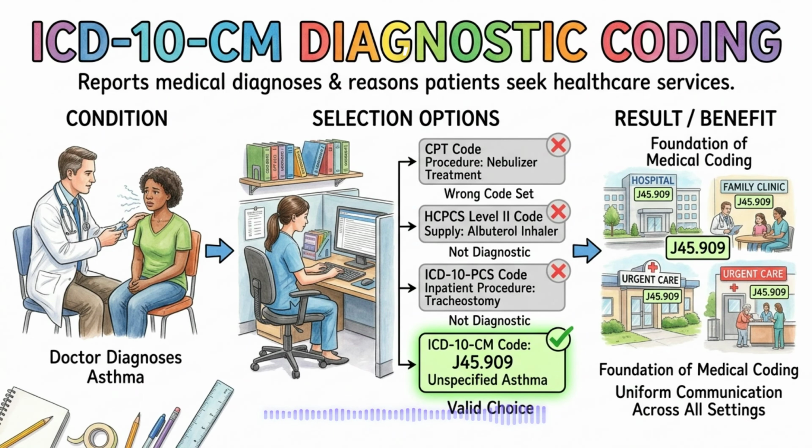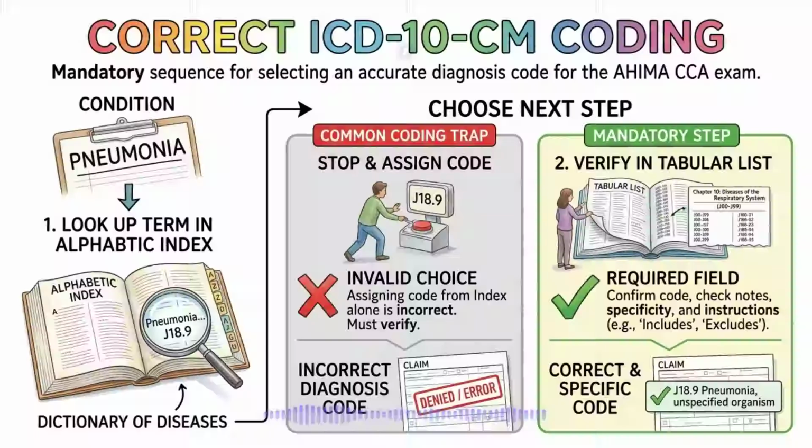Understanding the purpose of ICD-10-CM is the absolute foundation of all medical coding. The ICD-10-CM codebook is divided into two major sections that you must navigate in a very specific order. The first part is the alphabetic index, which is a massive dictionary of medical diseases, conditions, and injuries listed in alphabetical order.